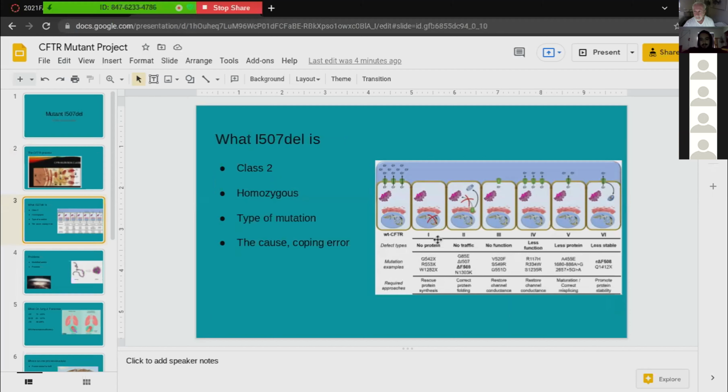The cause is a copying error, like I mentioned earlier, when it happens in the transcription process. The transcription error results in the wrong amino acid being incorporated into the protein.